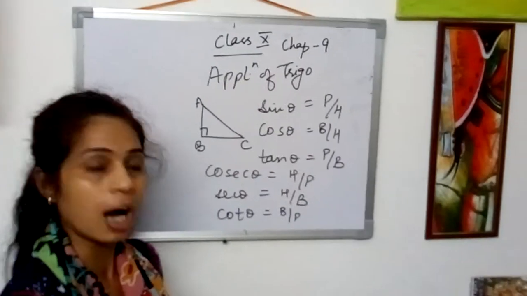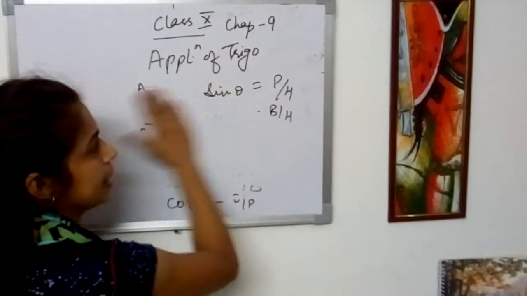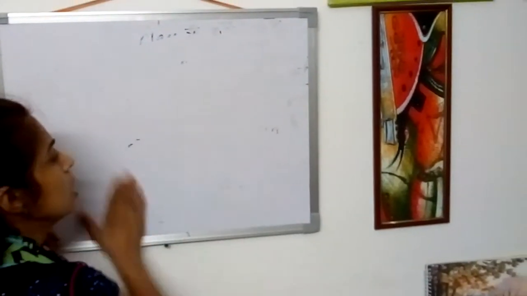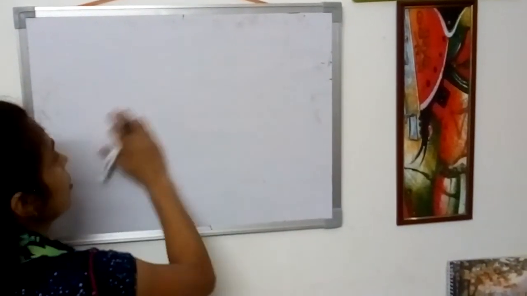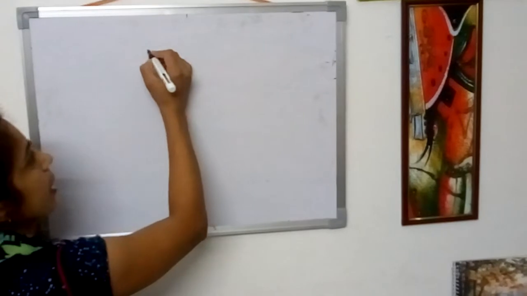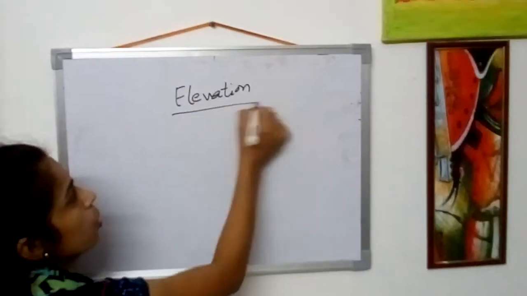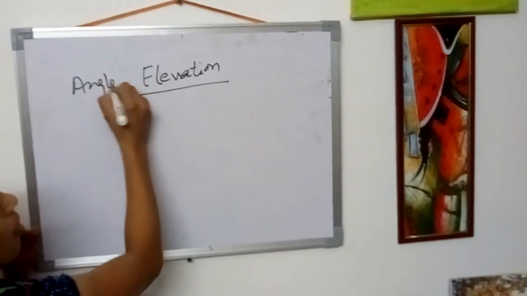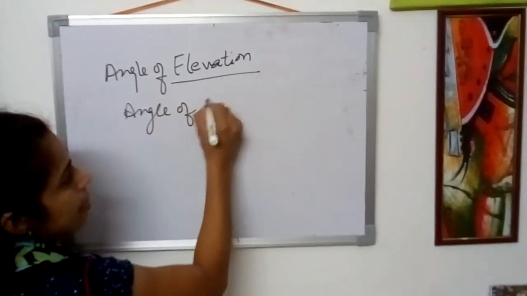Let me explain how we apply trigonometry in finding the heights and distances of the objects. Here the two important terms that should be very clear with you are angle of elevation and angle of depression.